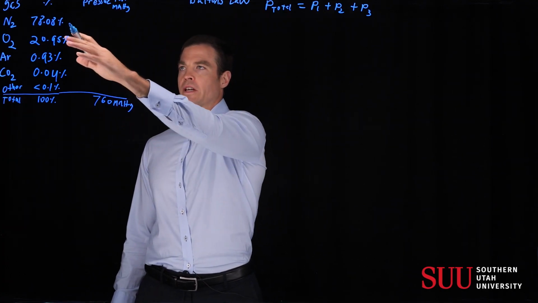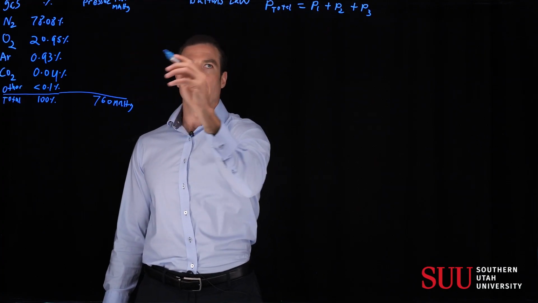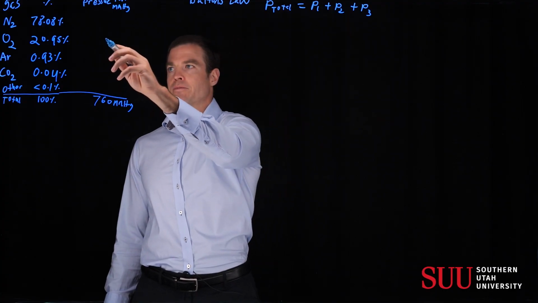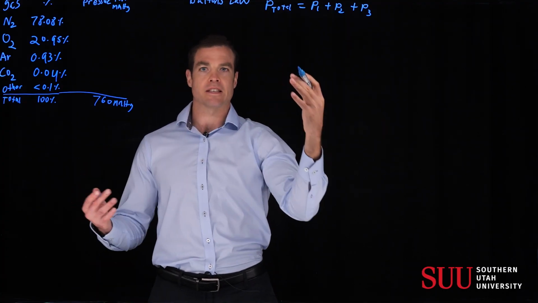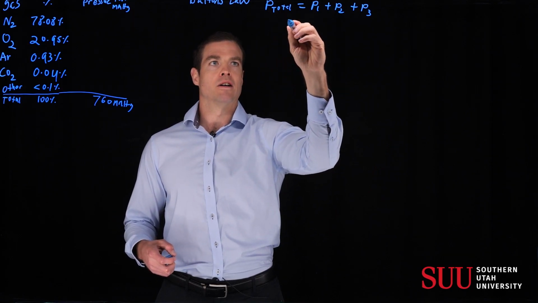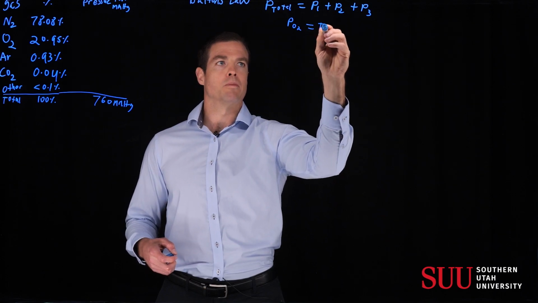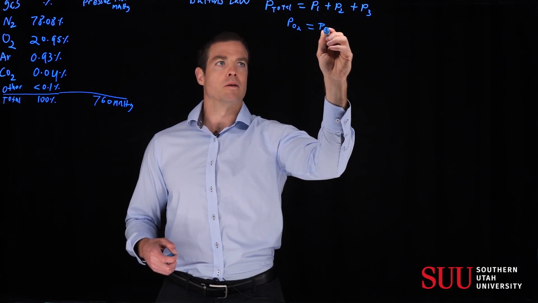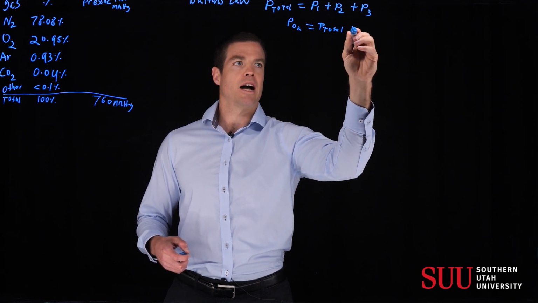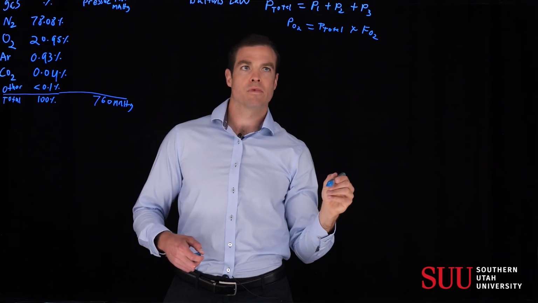And now we can figure out the partial pressure of each gas by using this formula as well. If we do that for oxygen, because that's again what we're most interested in, we would take our P of O2 would be equal to the P total times the fraction of O2.